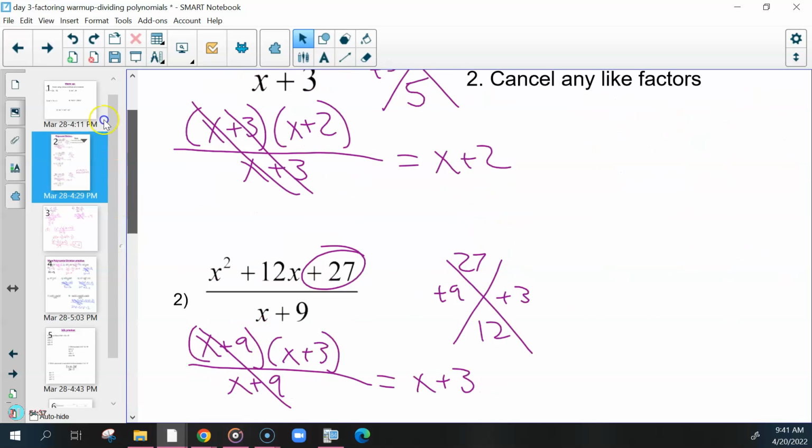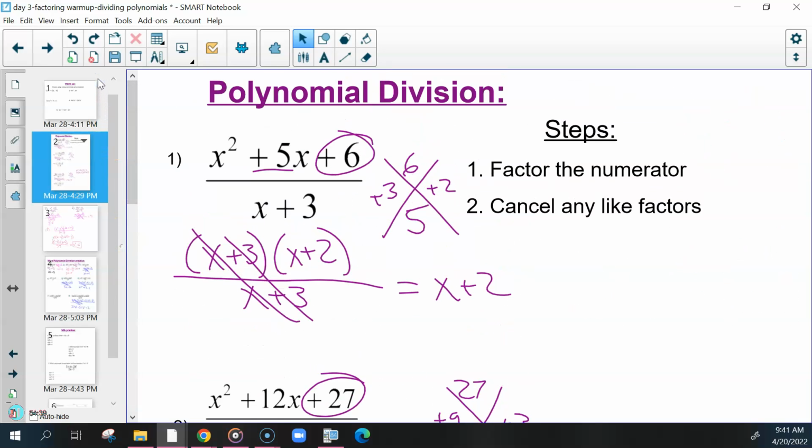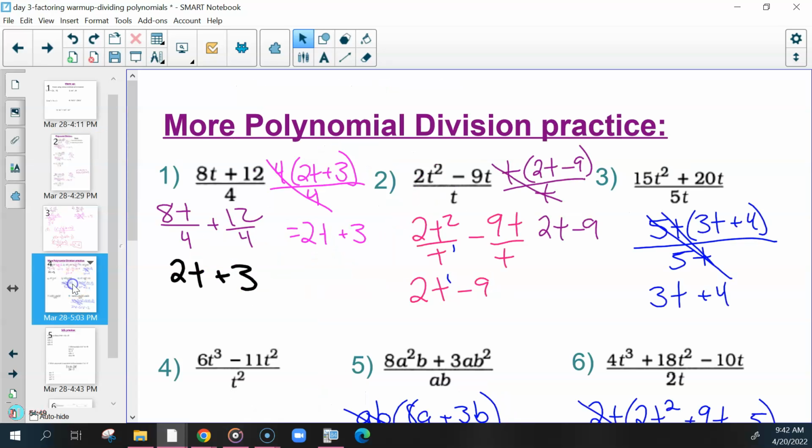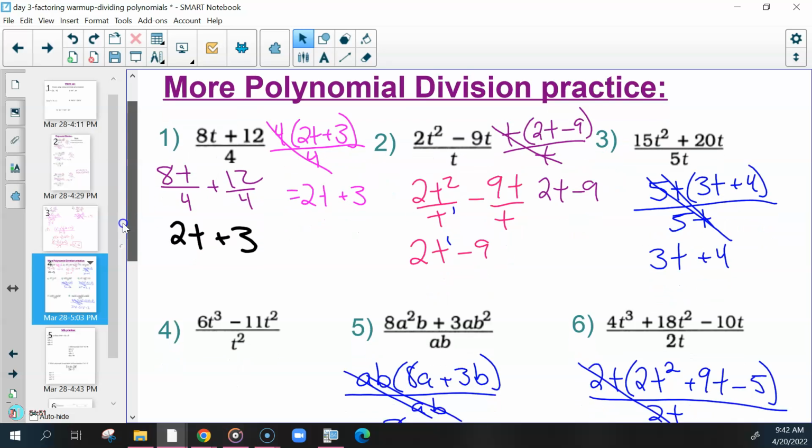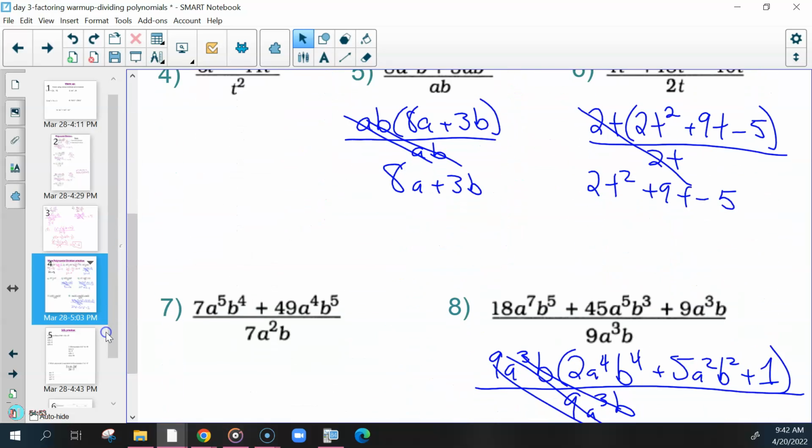That starts like this. 3, 6, and 7. On the more polynomial division practice, numbers 4 and 7.